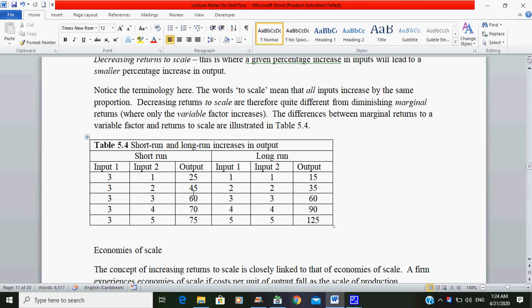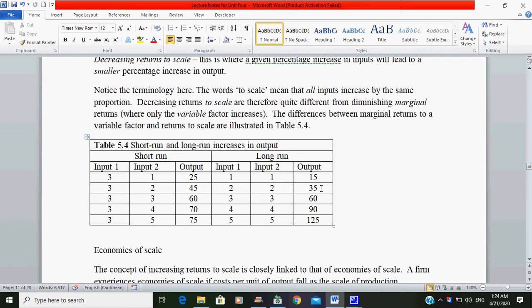Notice that as input increases, you realize that the increase in output decreases. 25 to 45 was a 20 increase. One more input, the change reduces to 15, then the change reduces to 10, then the change reduces to only 5. So in the short run, there is diminishing marginal return. What about in the long run now?